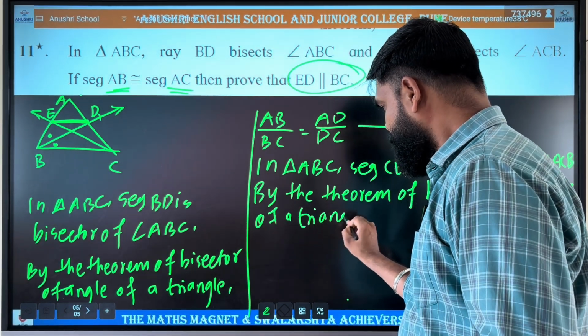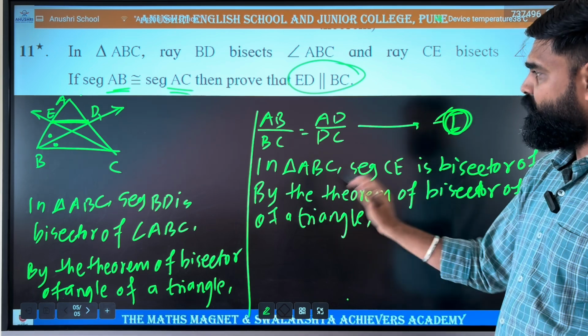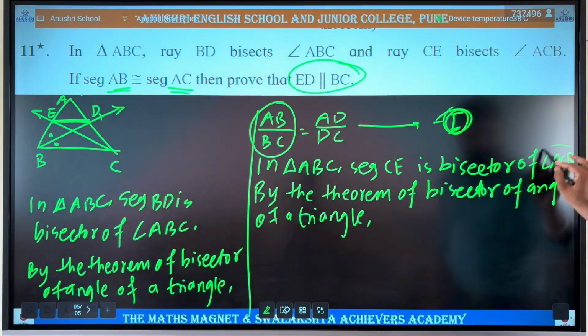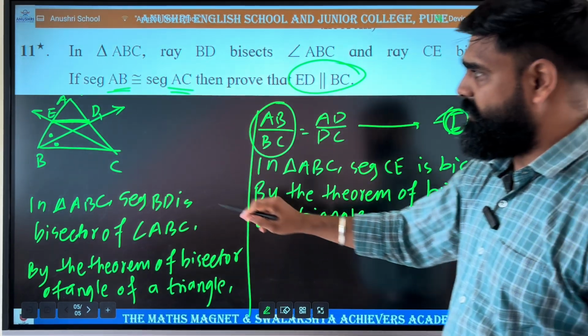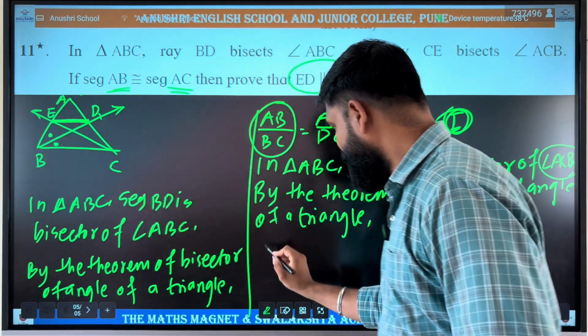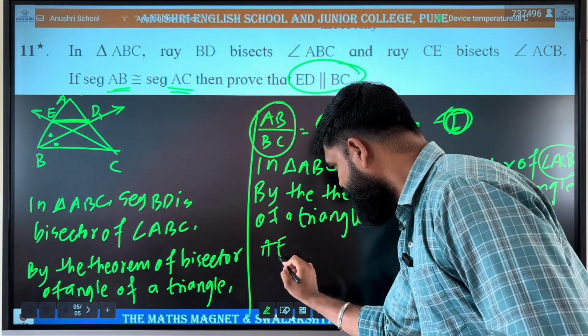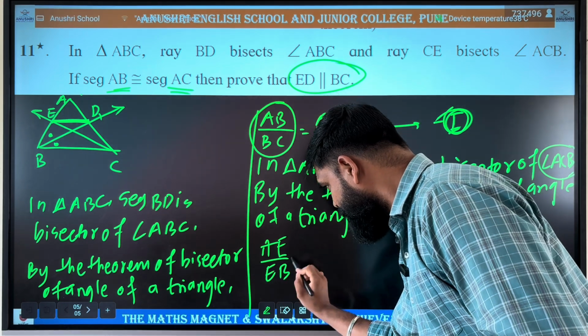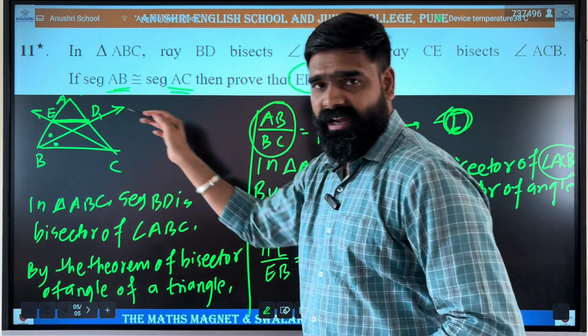We can write by using this theorem. So this is the ACB. So we can write AE by EB is equal to AC by BC.